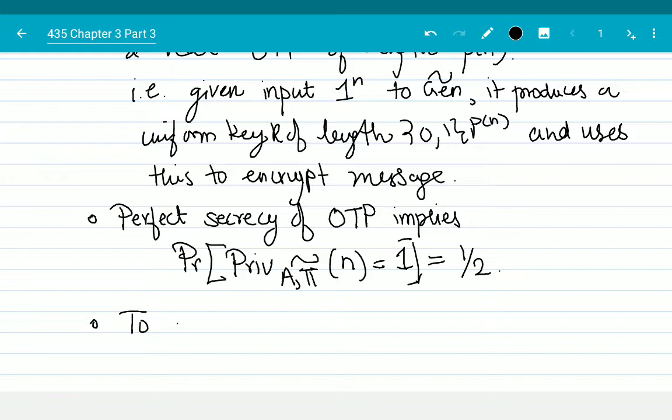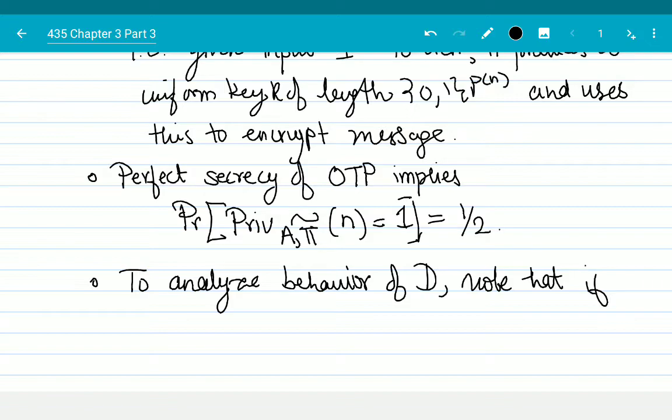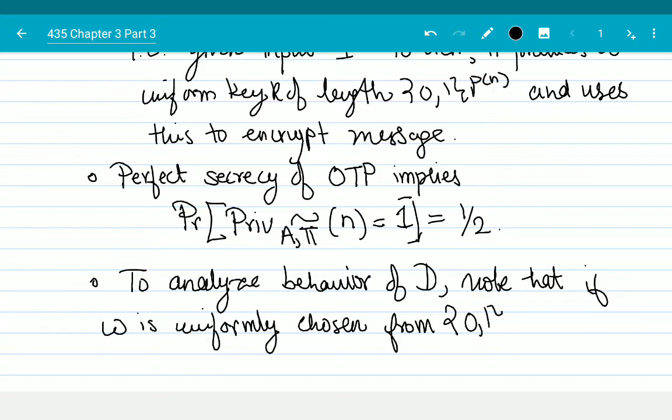To analyze behavior of D, note that if W is uniformly chosen from 0, 1 to Pn, right?